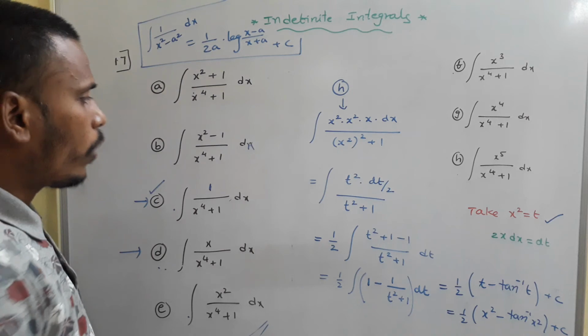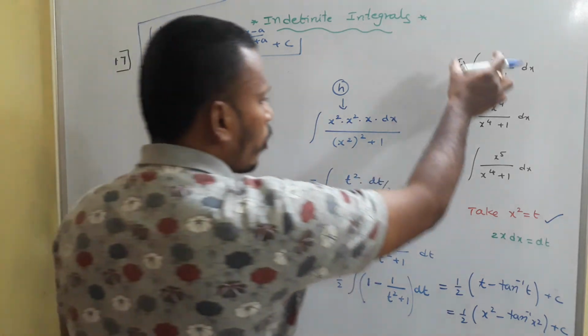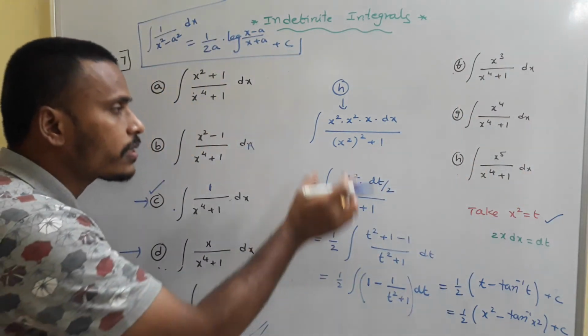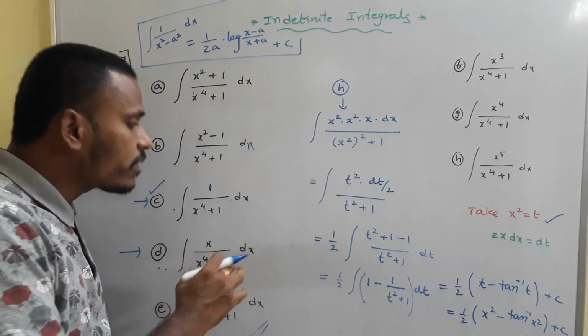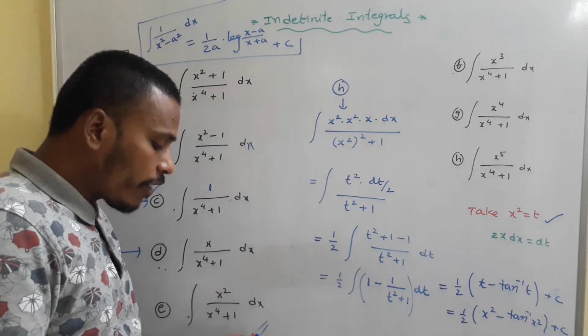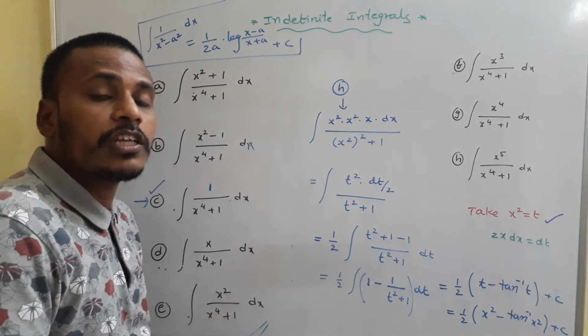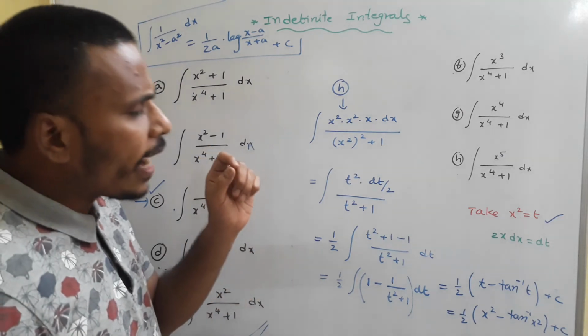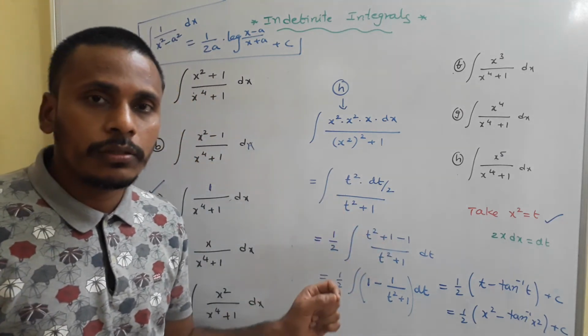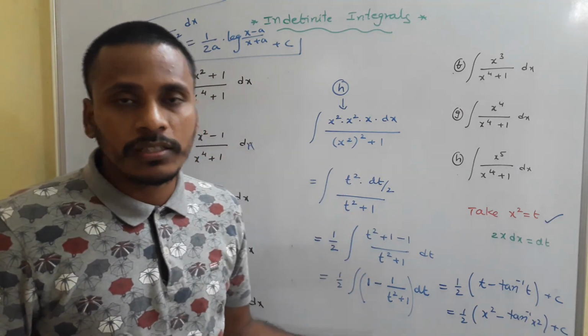Have a look. Once you observe every problem, the denominator is the same for everything, just the numerator is different. Since the numerator is different, we need to take different suitable substitutions for each and every problem. If you identify that suitable substitution, then it is very easy to answer the bit.